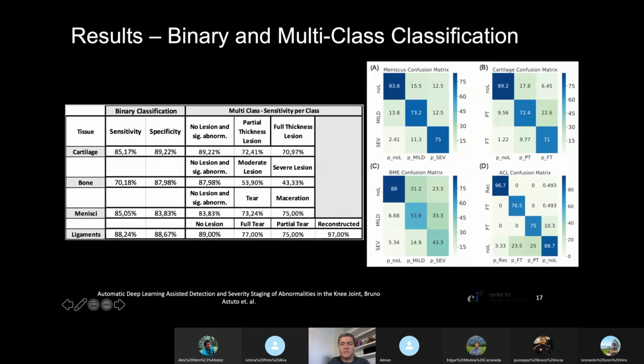But yes, generalizability is something that we still need to work on. We are collecting more data to try to do continuous learning and fine tuning of these models, and possibly deploy them in the clinic.